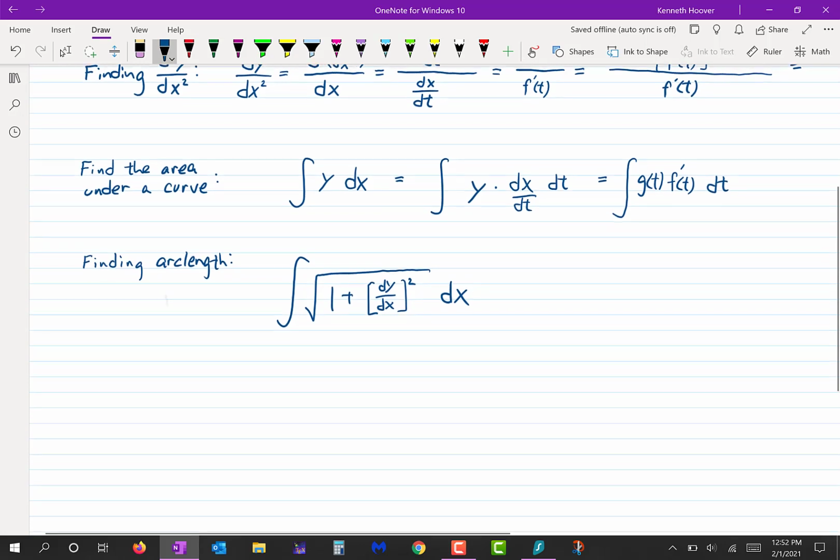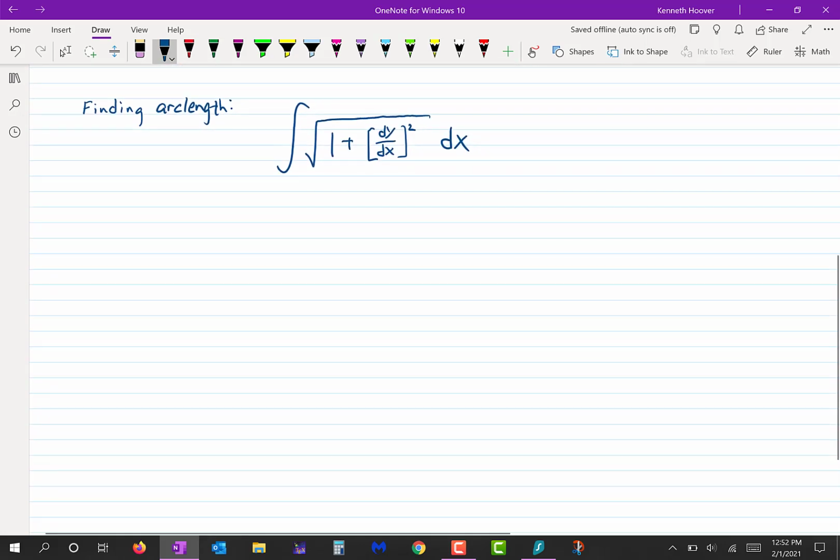I'm going to work down instead of across because it does take more steps, but none of the steps are hard. So let's write down what we already know. What is dy/dx?